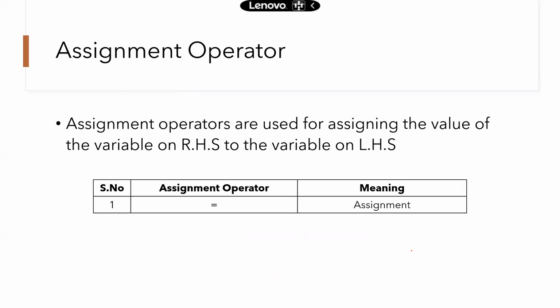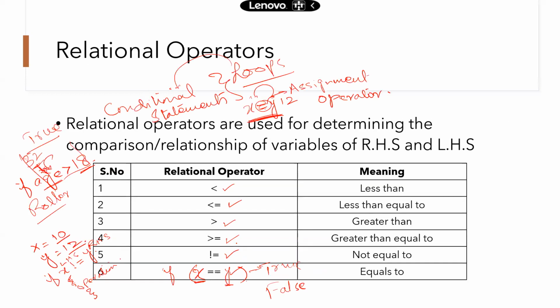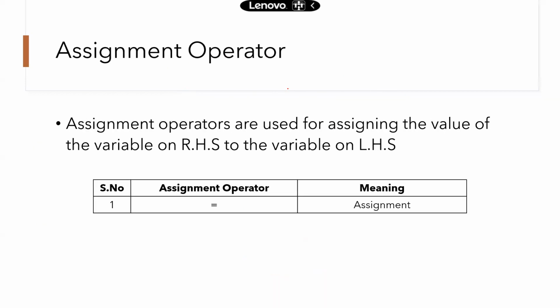Similarly, this assignment operator, as I had discussed in the slides over here, and I had already discussed this assignment operator, right? So the assignment operators are used for assigning the values of the variables on the right hand side to the variables on the left hand side. I think this is pretty simple.